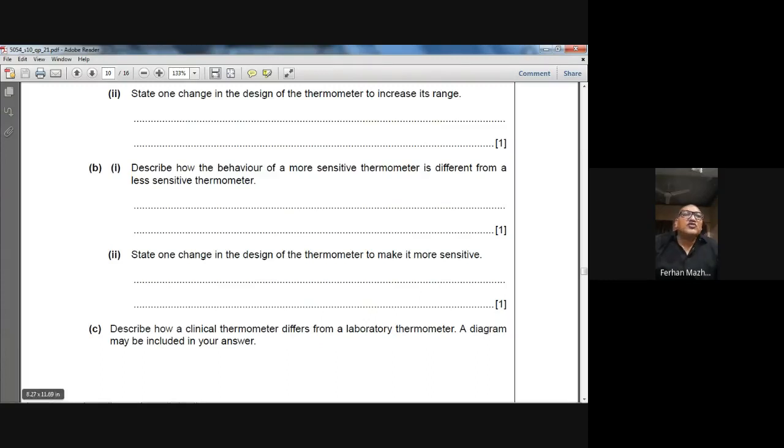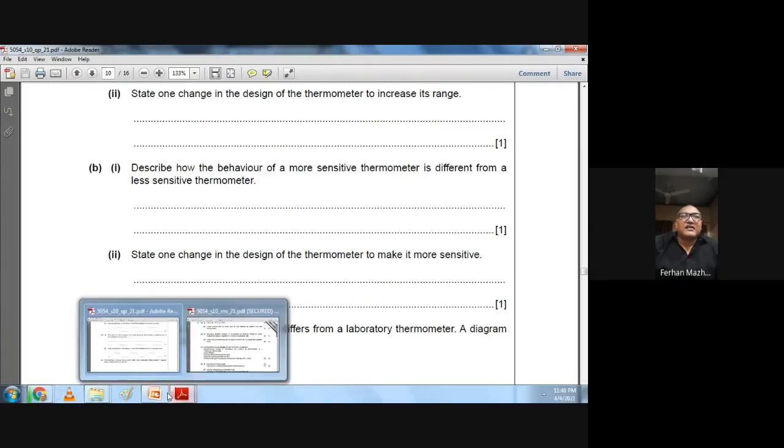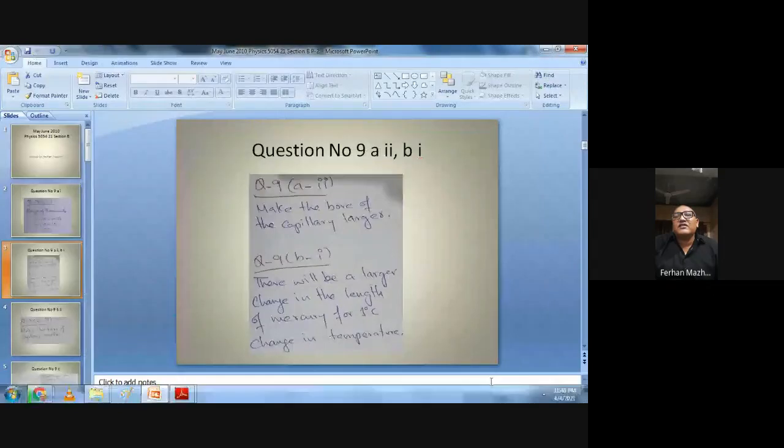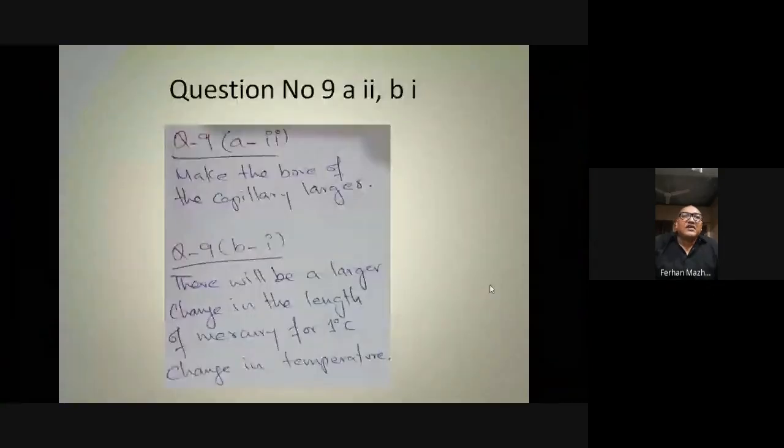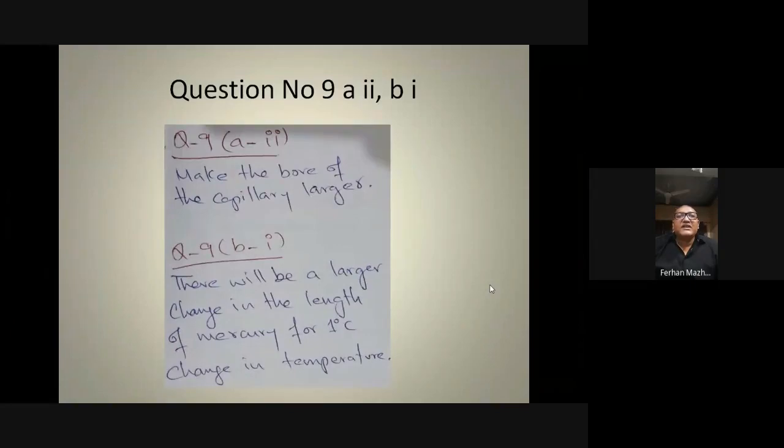So let me show you my answer. There will be a larger change in the length of the mercury for 1 degree centigrade change in the temperature for a more sensitive thermometer as compared to a less sensitive thermometer.